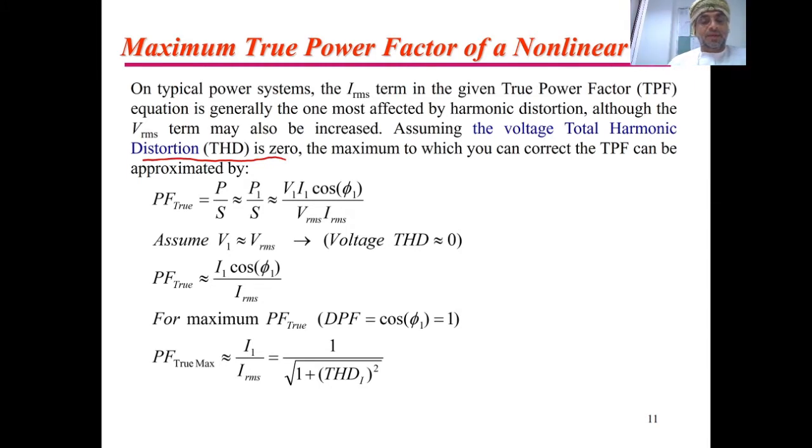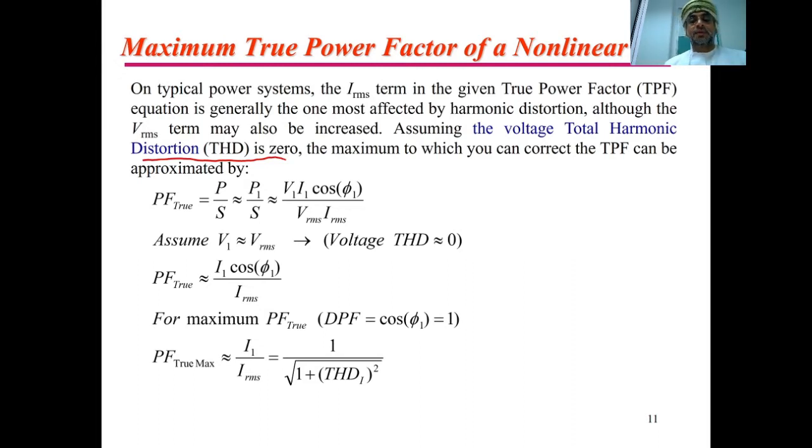Then we can find the equation for the true power factor. This is the general equation, P over S. Now we can do an approximation: P is equal to P1, where P1 is the fundamental component of the voltage and the current times cosine of the angle between the two fundamental components, divided by S.